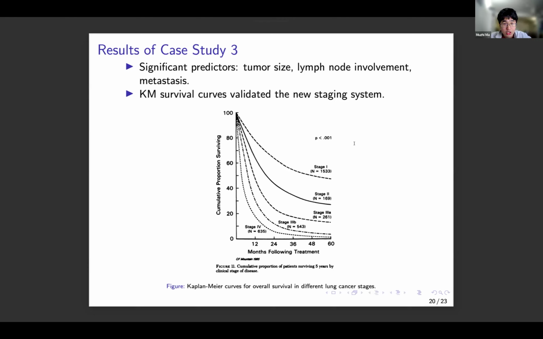And here the figure shows the KM survival curves of the patients for different stages. For example, for stage 1 patients, we can see the survival rate drops gradually over 5 years. And for stage 4 patients, we can see there's a sharp drop in survival rate in the first year. So this validates our new staging system.